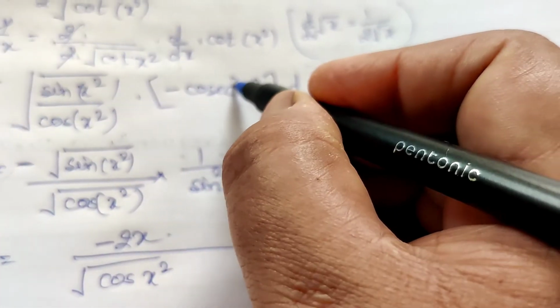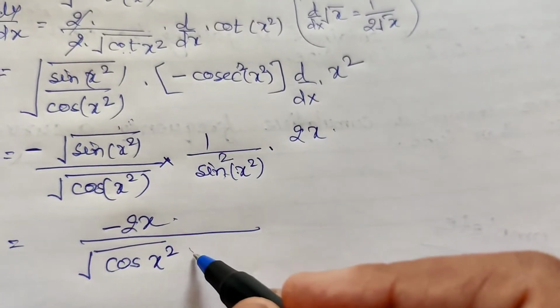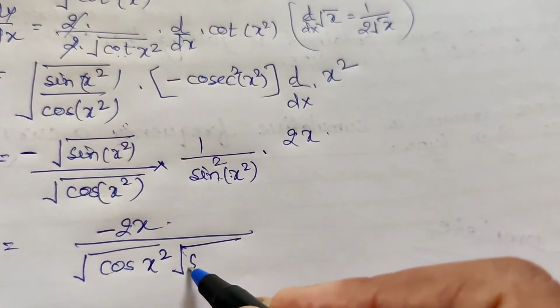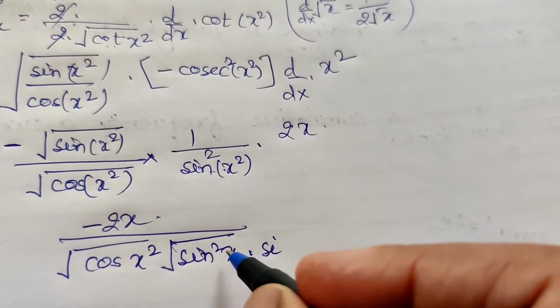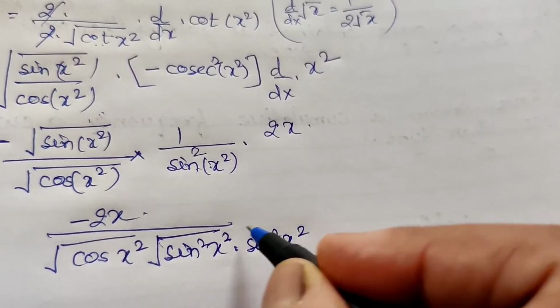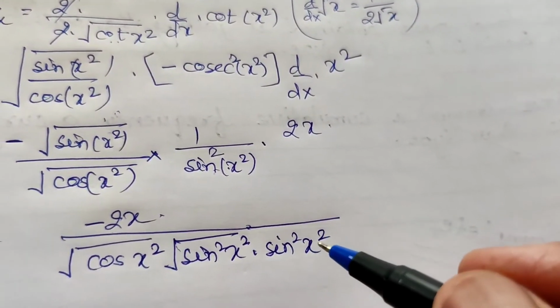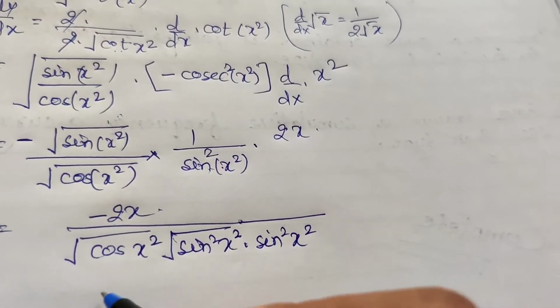Cosec square x means cosec square is 1 upon sin square x, and it can be written as under root sin square x into sin square x square.